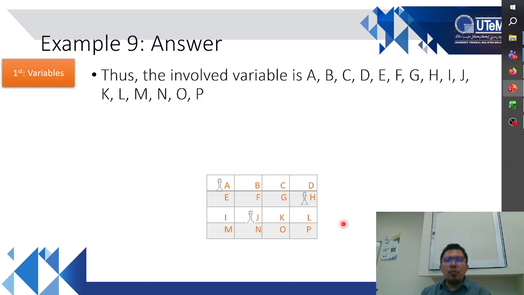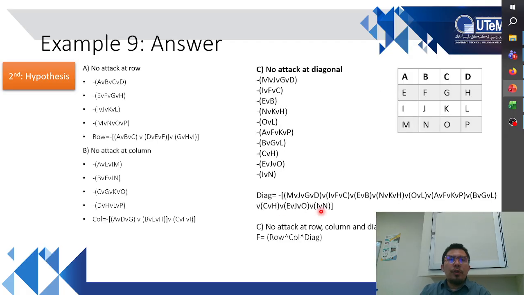We have 4 by 4, 16 inputs here: A B C D E F G H I J K L M N O P. There are 3 queens involved. After that we come up with the hypotheses. There are 4 hypotheses here: no attack at row, no attack at column, no attack at diagonal, no attack at row, column and diagonal.